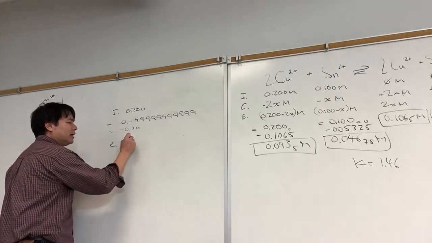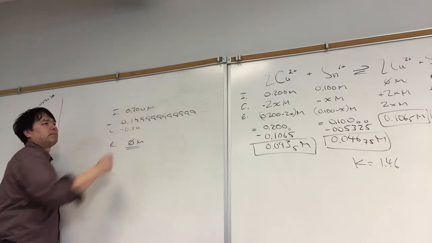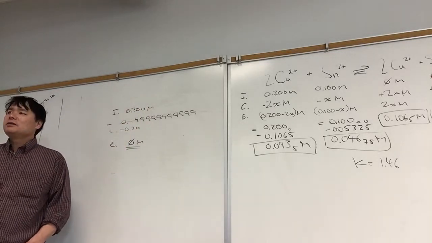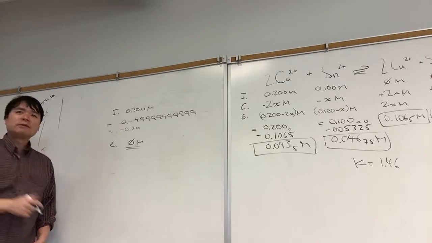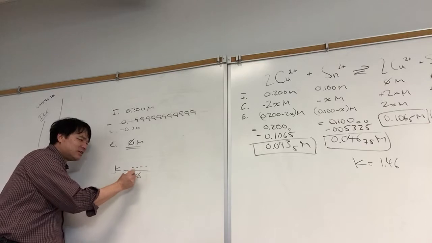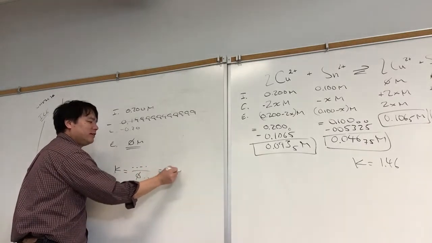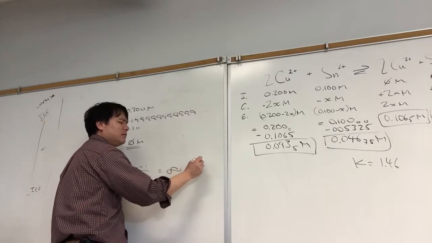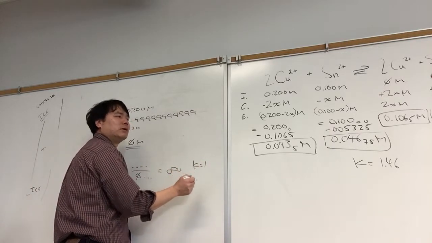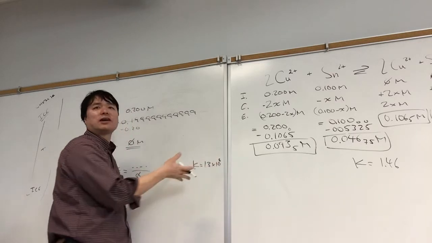Because what you're going to get at the end is 0 molar. And then you go, okay, now I'm going to do my double check, and when you do your double check, you get all this stuff divided by 0. And then you get, oh, my K is infinity. Well, let's say the K was supposed to be 1.3 times 10 to the 6 or something like that. That's their K value.